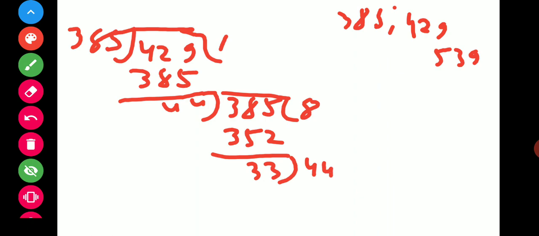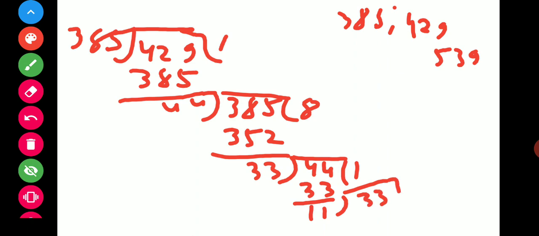Once again divide 44 by 33. It is 1 time. We get 11, and dividing 33 by 11 is 3 times, so there is no remainder. That means 11 is the highest common factor.